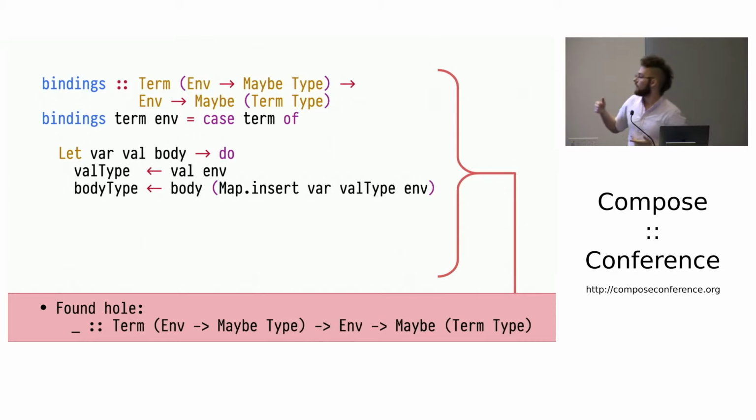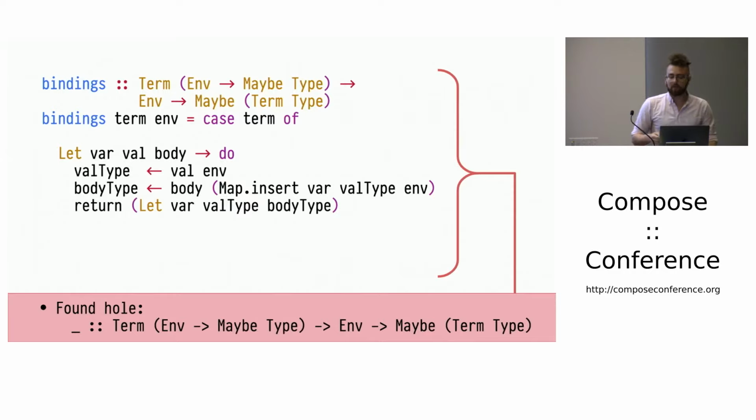So let is again a term of this functor. It's a term of environment arrow maybe type. So we're going to apply body to the augmented environment that binds var to val type, augmenting the environment that we got passed down from the top. And then we're just going to return a let expression that fills in those types. So now that let expression is going to have those appropriate types.